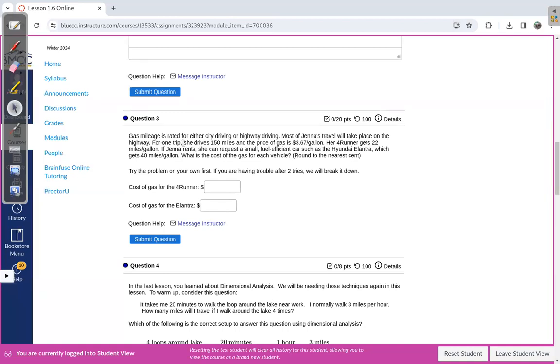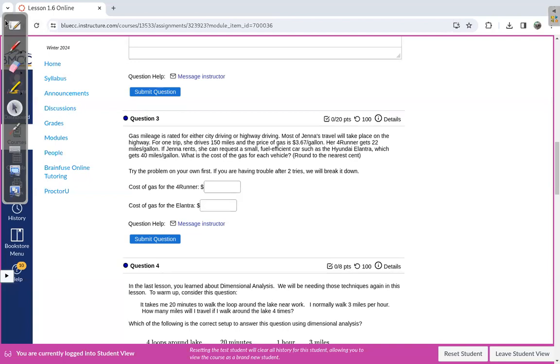For one trip, she drives 150 miles. Question, is that one way or both ways? Good question. Figure that out. Thinking for now, that's just the whole trip.